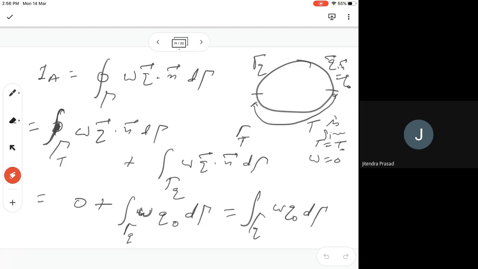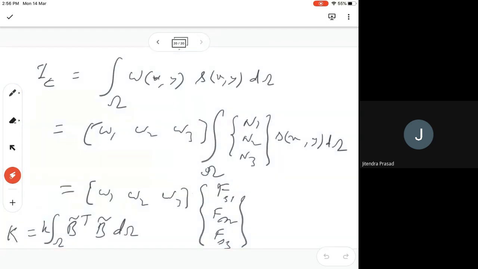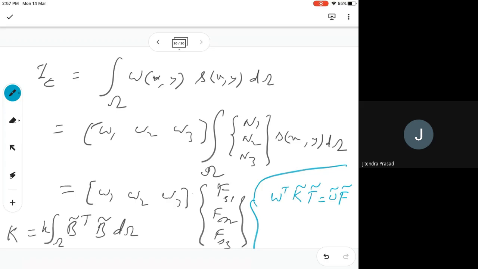So finally you can find out K times T equal to F. What I mean to say is, if you simplify, you will get W transpose K times T equal to W transpose F. Since W is arbitrary, you can automatically get K times T equal to F.